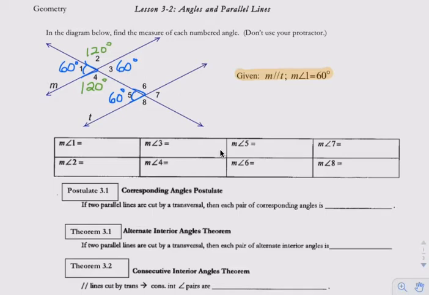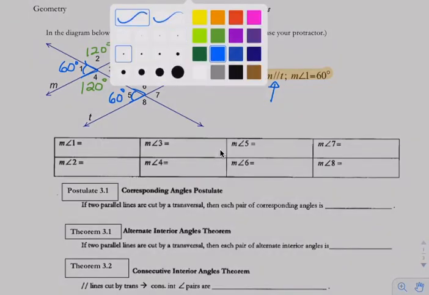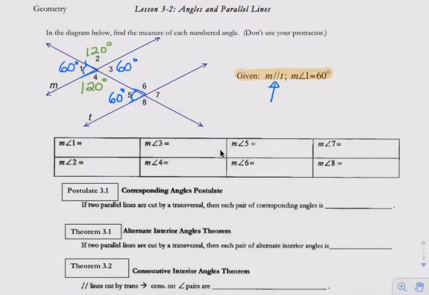Now, a little side note here. Remember that this notation is how you say line M is parallel to line T, rather than using the word. But on the picture, if you want to show that two lines are parallel, you put little arrows like that. Sometimes you'll see them filled in like that. Sometimes you'll just see arrows like that.